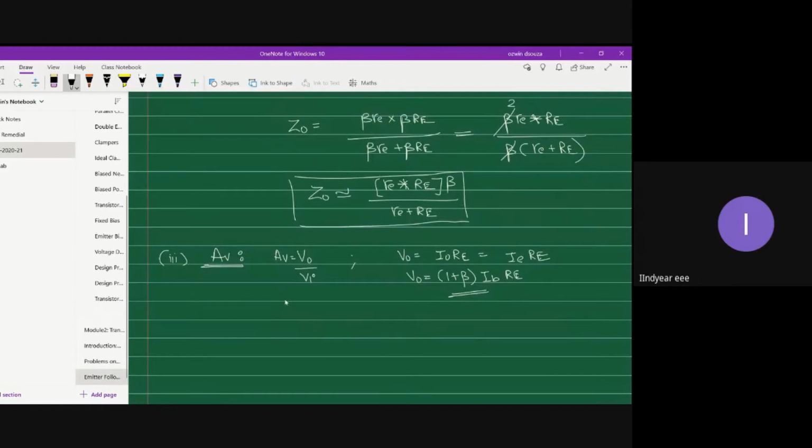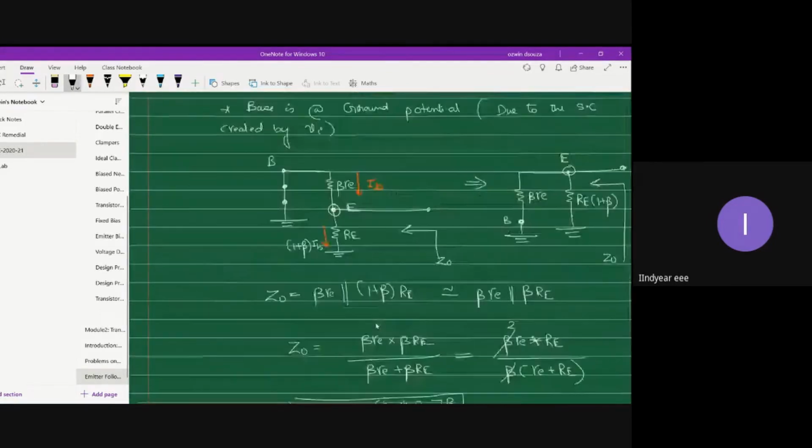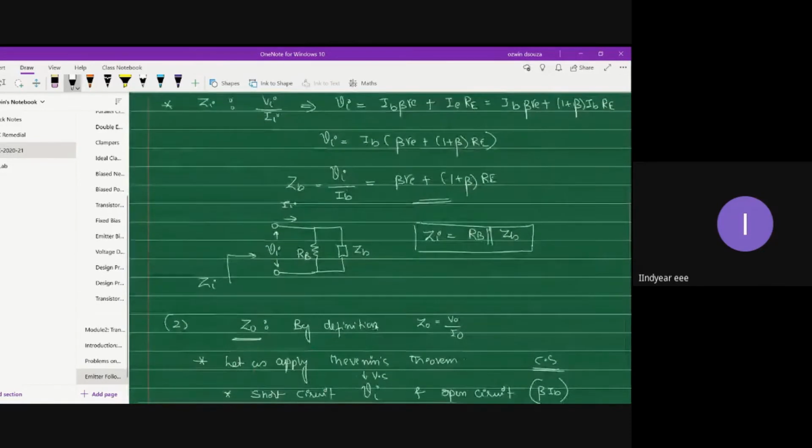So what we will do is substitute IB from the input expression. Now from where can we substitute IB? You have seen already the input impedance, right?